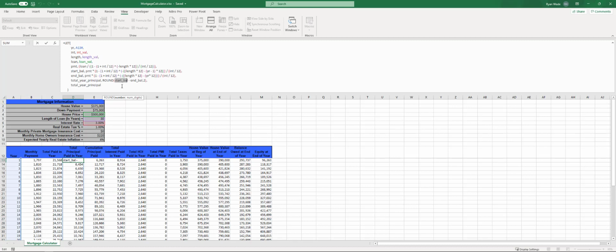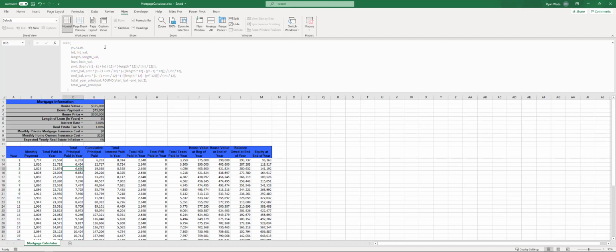We know that we are just taking the starting balance minus the ending balance, and using the same pattern that's used by the people at SQLBI, I am returning to the LET function a variable that represents the output that I want to return, which in this situation is the total year principal variable.